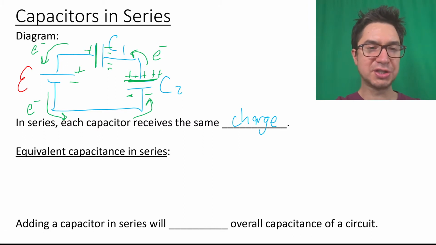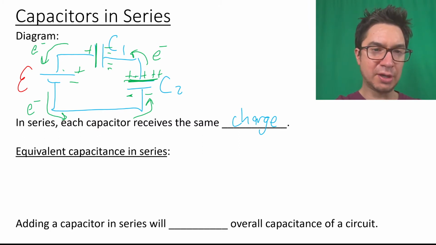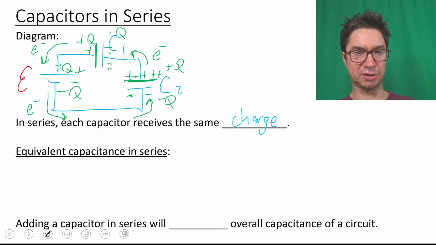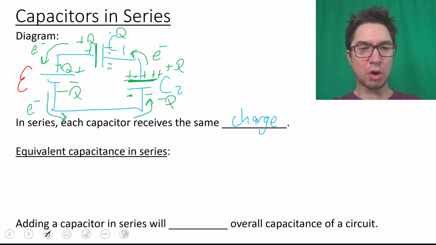When the dust settles, we're going to find a plus Q here, a minus Q here, a plus Q here, and a minus Q here, and this will also have a minus Q over on that terminal as well. So the magnitudes of charges on each capacitor, as they all balance, will be exactly the same. So in series, each capacitor will receive the same charge.